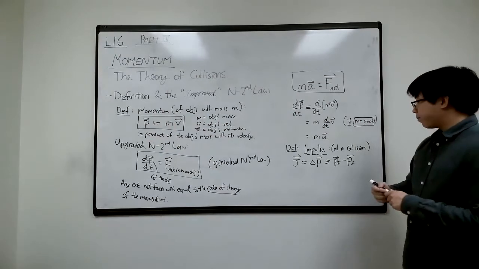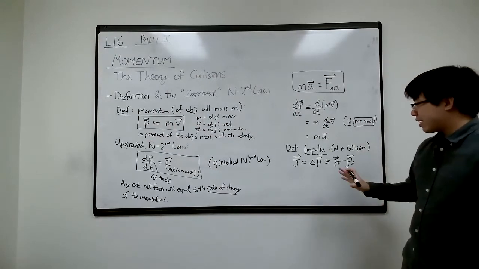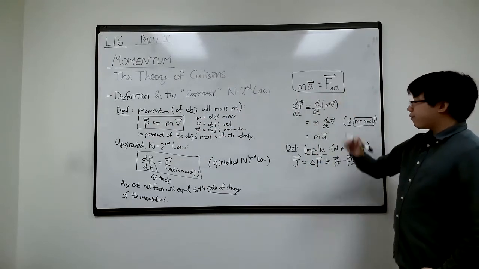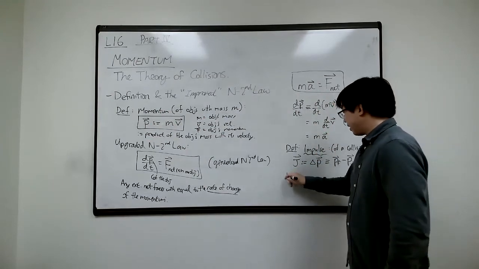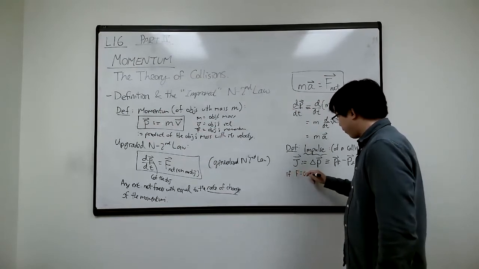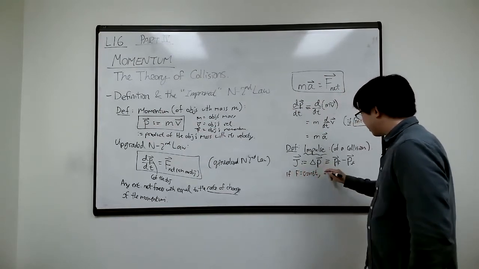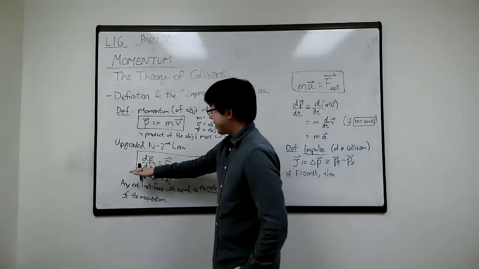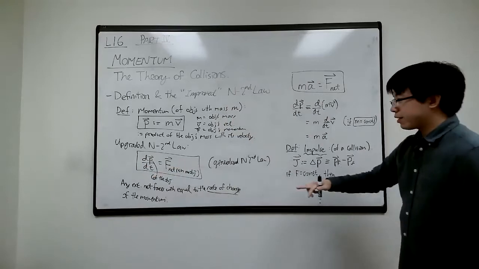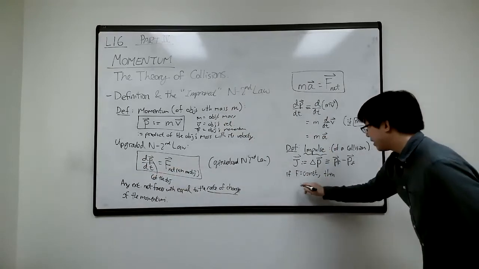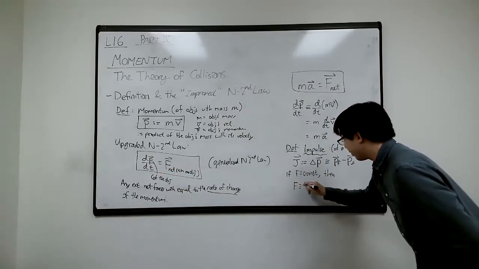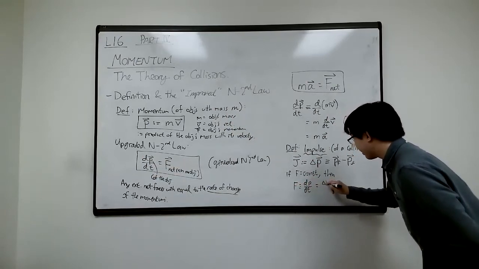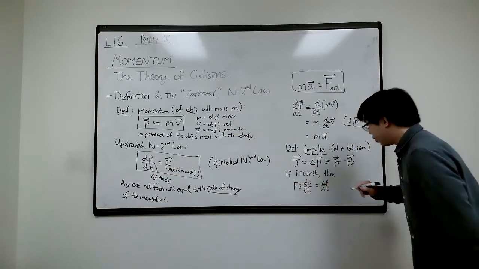Okay, so immediately you can see that there's a relationship between the impulse and force, because if we have a constant force, if F is constant, then in some sense, this is the instantaneous change in momentum with respect to time, dp/dt. But if F is constant, then it's also the same as the average rate of change.